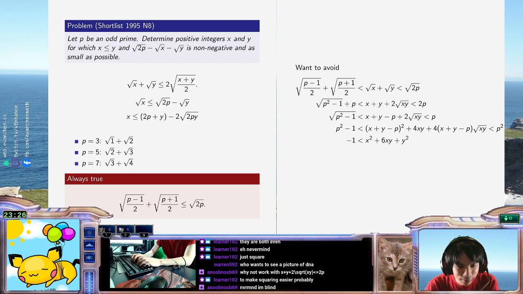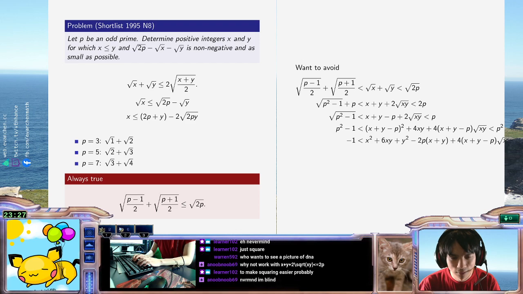Okay, x squared plus 6xy plus... Oh my god. Oh, what is this? Oh, Jesus. 4. This is so bad. It doesn't even fit on the line.